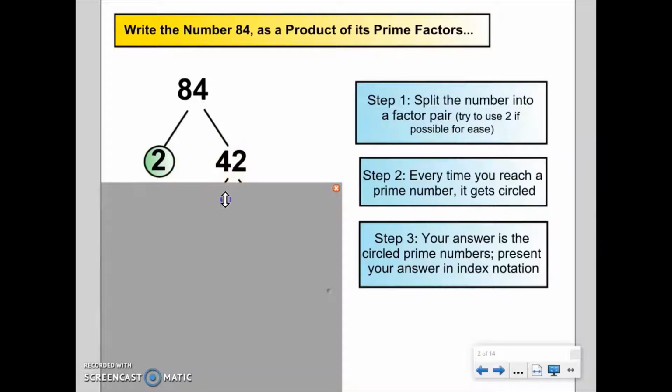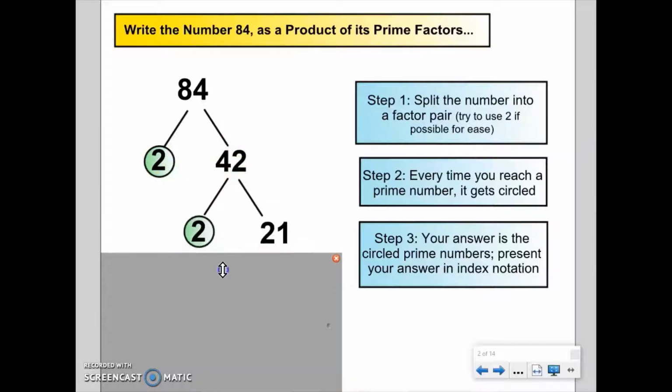Then I'm going to go ahead and split 42 into 2 and 21, and I've circled the 2 because it is a prime number. Remember, when you've used the number 84 and 42, you might have taken out different factor pairs, and that's fine. It just means your factor tree will look different to mine, but your final answer will always be exactly the same.